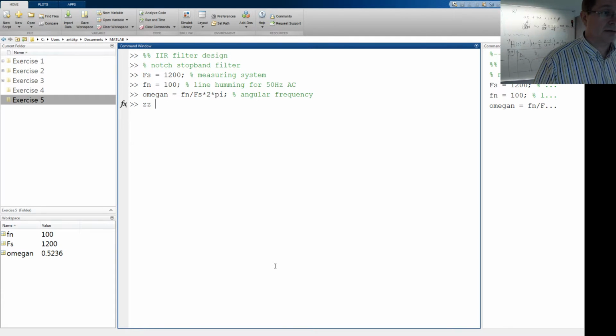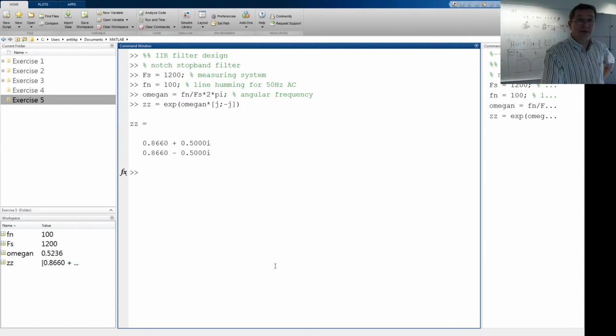So z equals exponential of omega n times j and minus j. So that gives us a complex conjugate pair of zeros which are exactly on the unit circle.